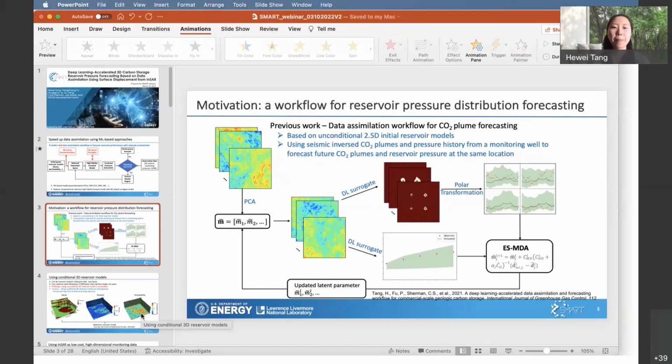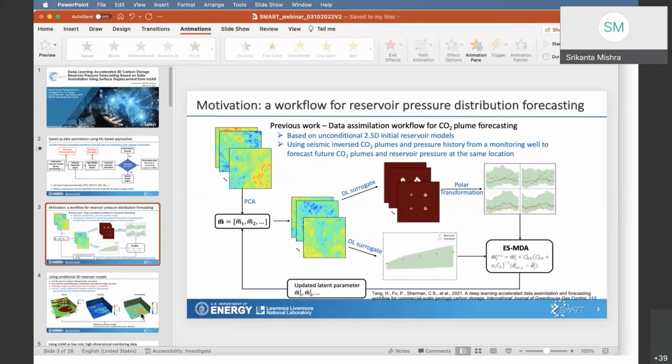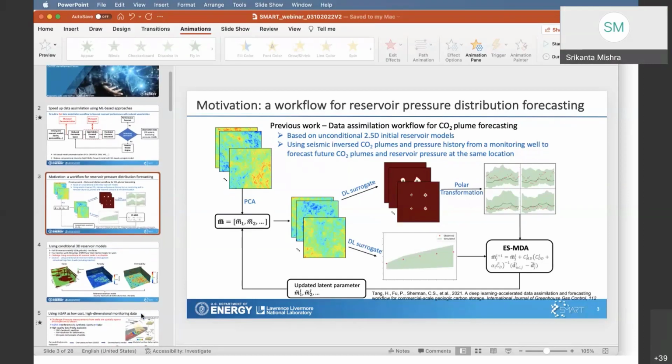Yeah, Srikanta here. Just echoing what David said, nice presentation. But I think the main concern is really the availability of InSAR data. And in fact, I wonder if you have taken the time to look at ongoing CCS projects to see how many of them collected InSAR data and how many of them were able to correlate the InSAR data with the underlying pressure changes.